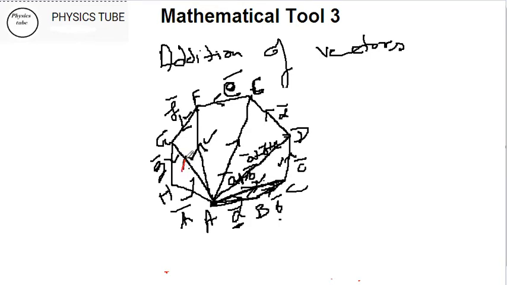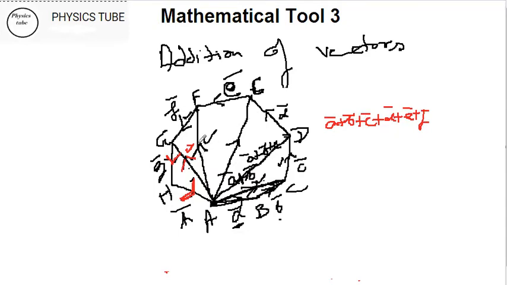Whatever resultant you get here, this and this are in cyclic order, so you cannot simply apply the triangular law with this. If you consider this to be one of the vectors, let me write it, A plus B plus C plus D plus E plus F is one vector.